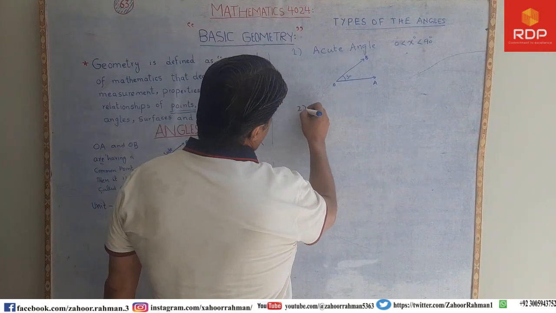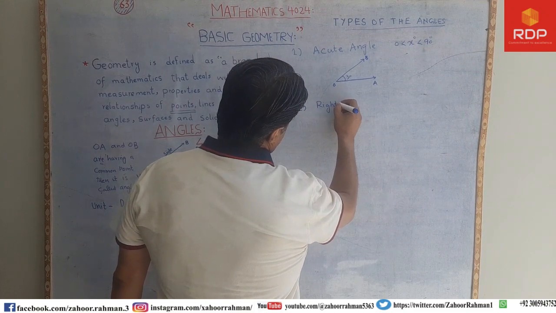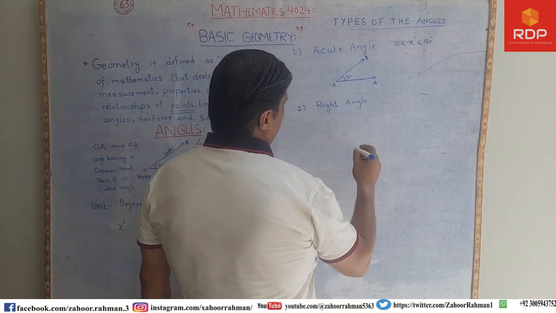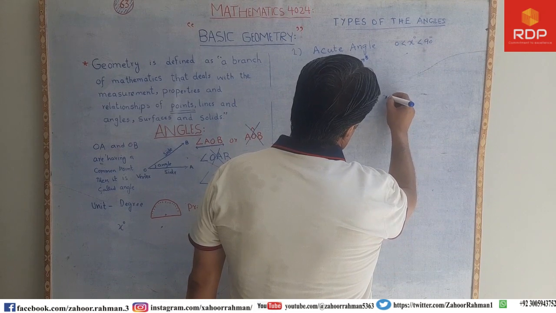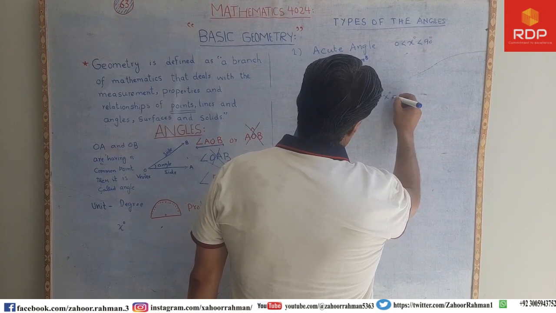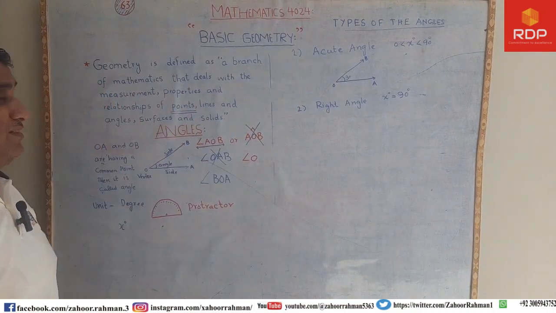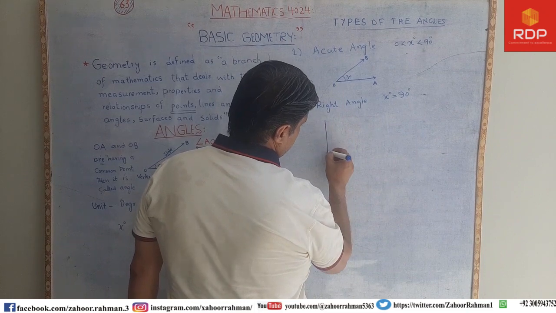The second one is right angle. The second type of angle which we are having, right angle, and that x degree will be equal to 90 degree. So this is called right angle.